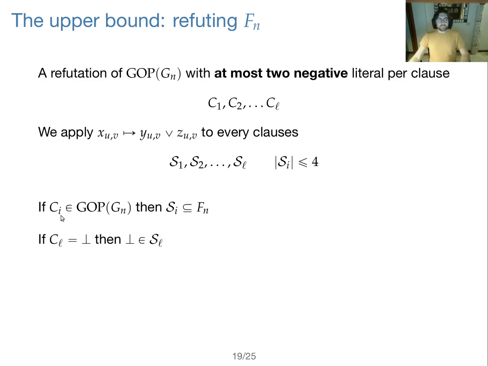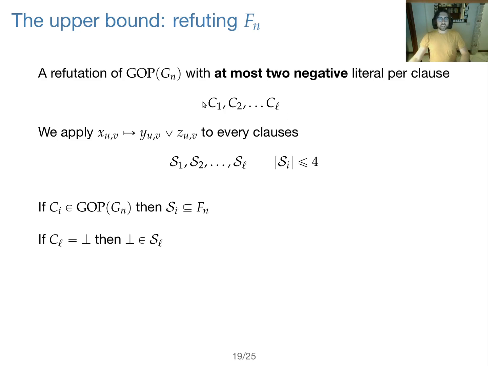Now, if the initial clause CI in the original refutation was a clause from the original formula, then the set of clauses SI is a subset of clauses from the lifted formula, because if SI is the lifting of CI, and CI is in the original formula, then SI is a bunch of clauses from the lifting of the original formula.